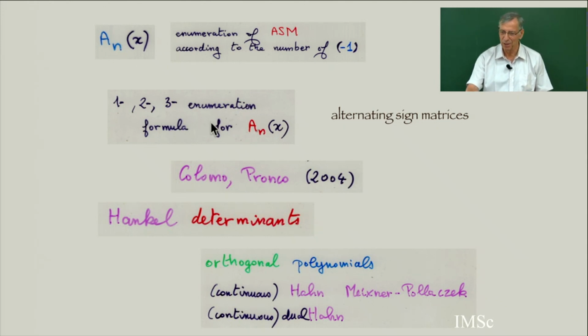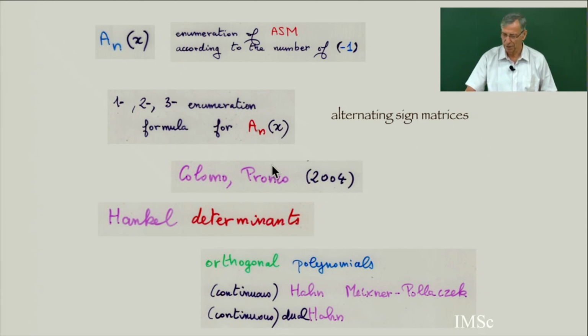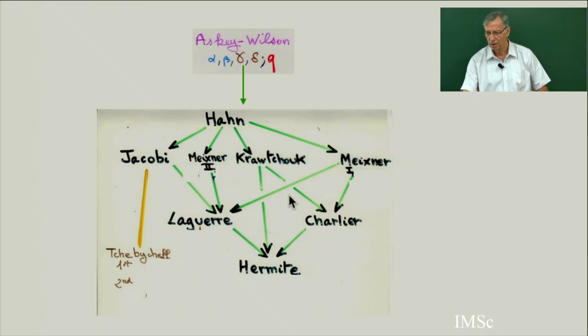So maybe I will not explain this in the class, but I will mainly concentrate on the PASEP algebra and relation. So what are these polynomials? Hahn, Askey-Wilson, Hermite, Laguerre. They are classified by complexity. The complexity is that we have seen, for example, the Laguerre polynomial can be expressed as a hypergeometric function.